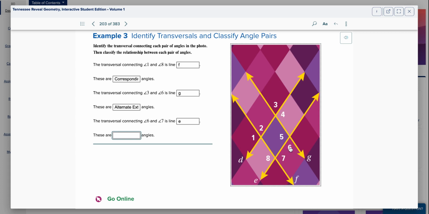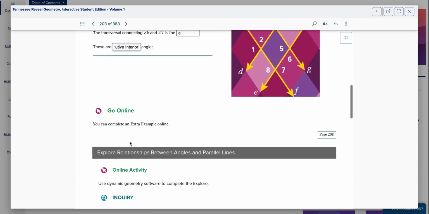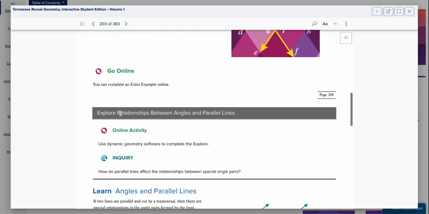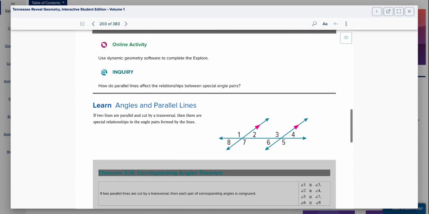Well, 6 and 7, they are between line G and line F. That makes them interior. And they're both below the transversal E. That makes them on the same side of the transversal. So either put same side interior or you can put consecutive interior. You guys need another example, you can go online and get that.